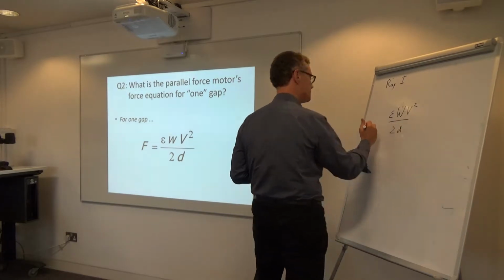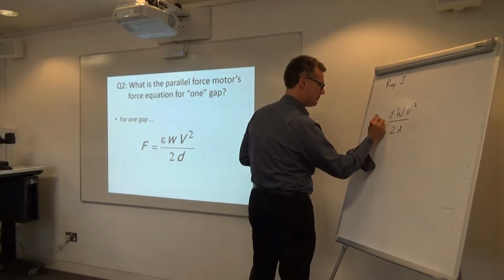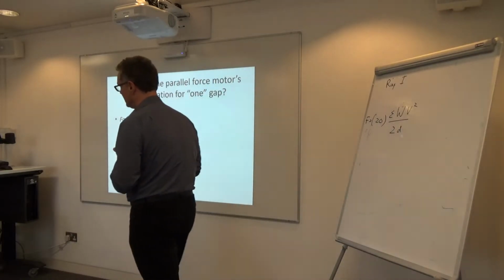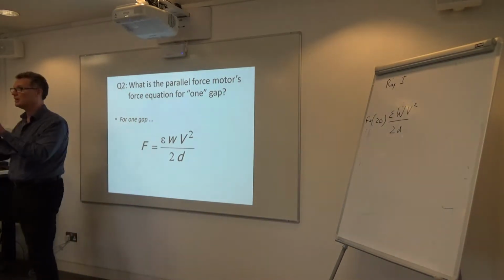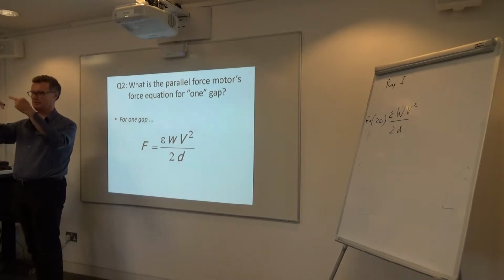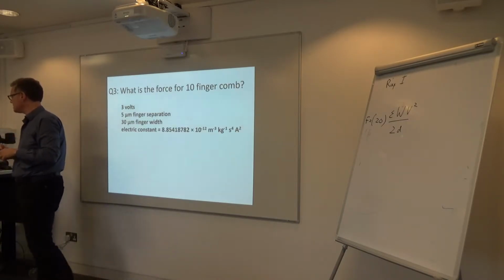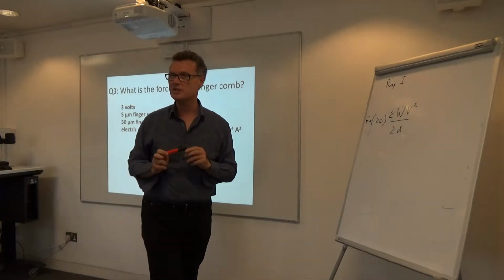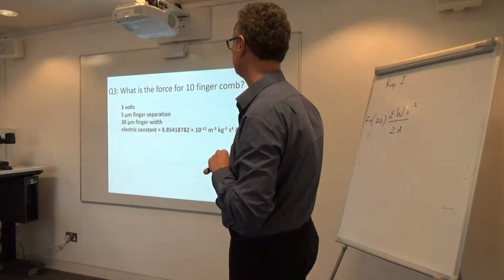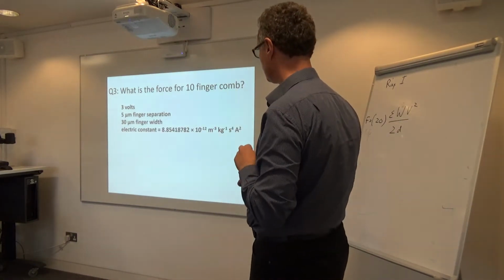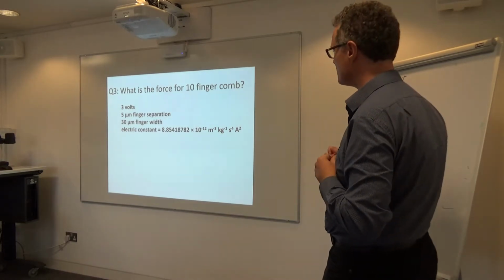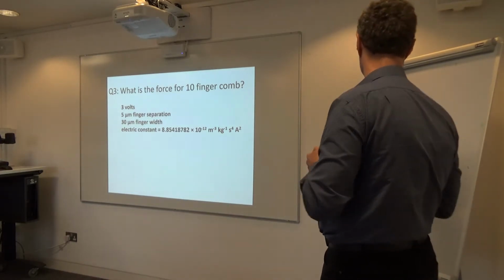Just to save an argument, this is representing the force for one gap. If I've got my finger like this, I need to double this. So when I'm saying 10 here, we're going to be doubling this and making this 20. So some calculator practice.